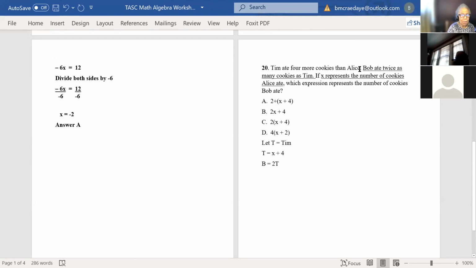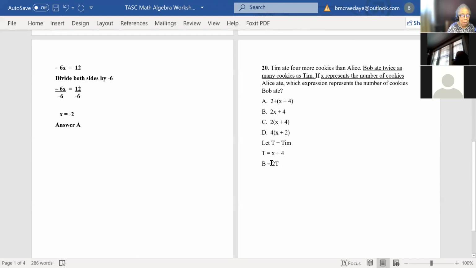Okay. Bob ate twice as many as Tim. So B for Bob, twice as many means 2 times Tim, which is T, right? Now, if X represents the number of cookies Alice ate, what expression represents the number of cookies Bob ate?